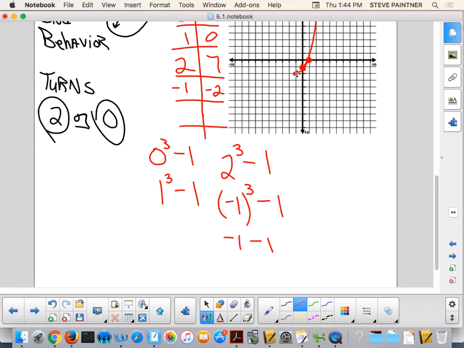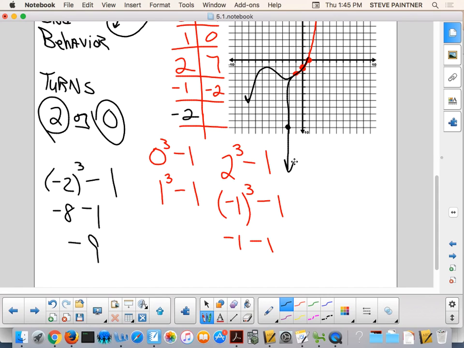Anybody guessing this? You think it's going to do this? No. Okay, you think it's just going to keep going down? Yeah. Okay, let's keep trying. Put a negative 2 in. Cube it, take away 1. Negative 8, take away 1, negative 9. Oh, so that's down here. So it's going like this, this, this, and then it shoots.